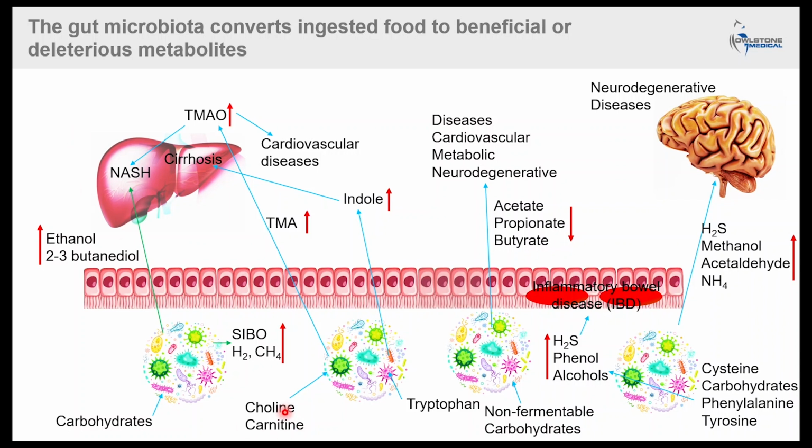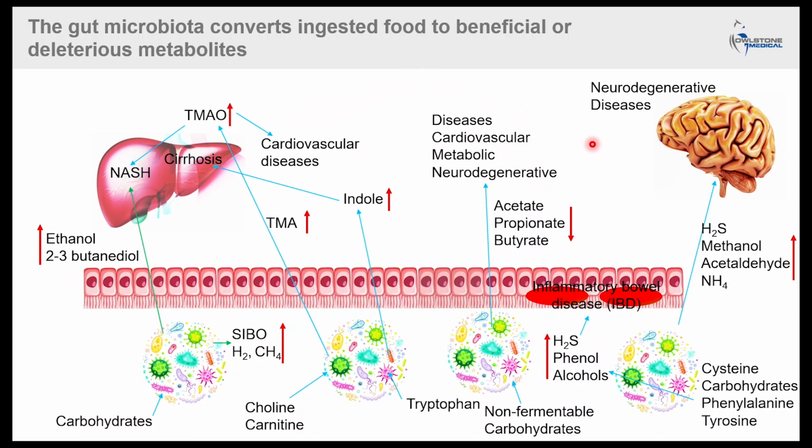Other compounds that are associated with chronic diseases are, for example, choline, which is an important nutrient in our diet, which is converted to trimethylamine, and then in the liver it's converted to trimethylamine N-oxide, a compound found associated with cardiovascular diseases.